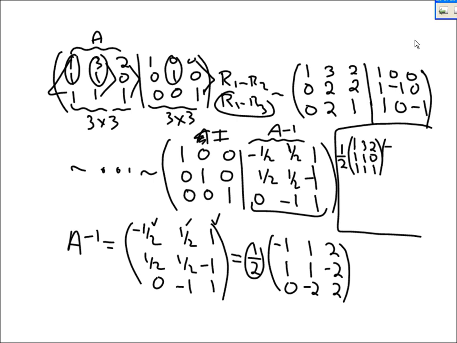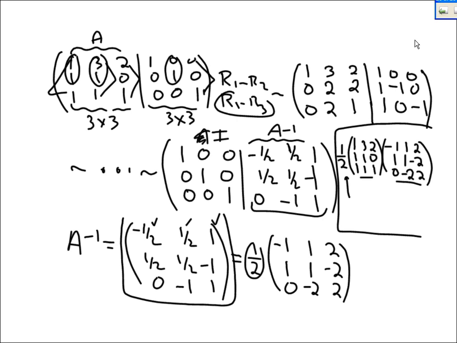I'd multiply it by negative 1, 1, 2, 1, 1, negative 2, 0, negative 2, 2. I would multiply those two matrices, and then I would scale it. Don't scale first. In fact, don't multiply A by this matrix with the fraction. You can, but then you're going to introduce fractions. I pulled the fraction in front.